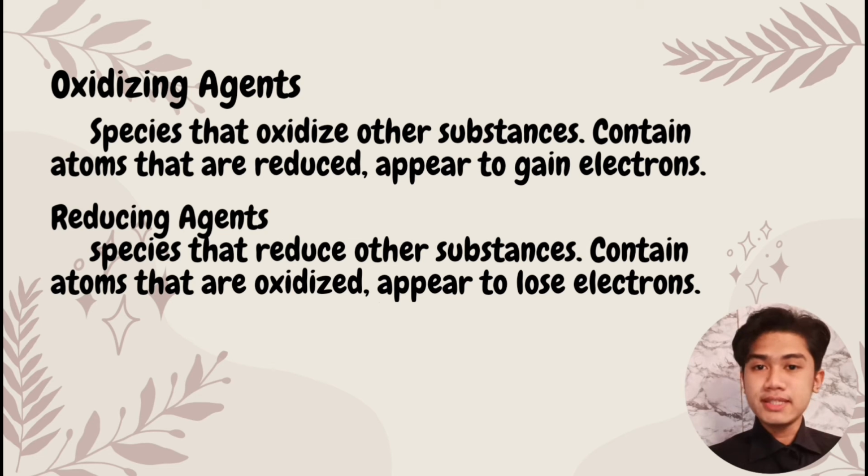These are the species that oxidize other substances. They also contain atoms that are reduced and gain or appear to gain electrons. Next, second one is the reducing agents.